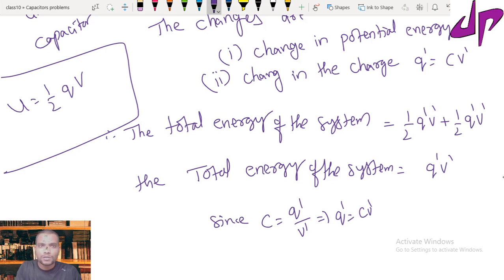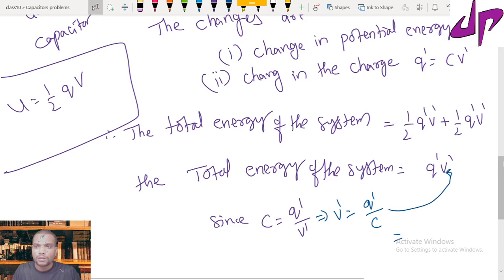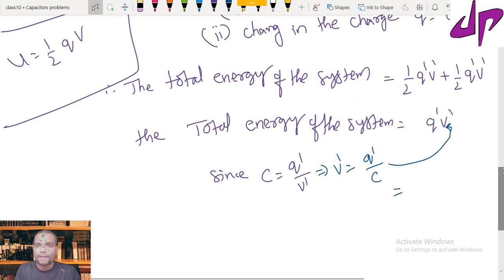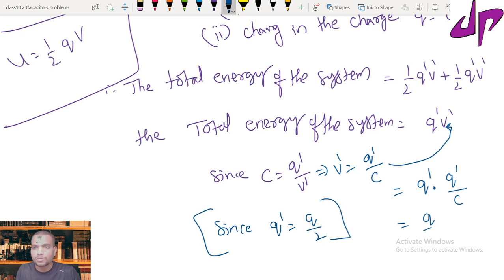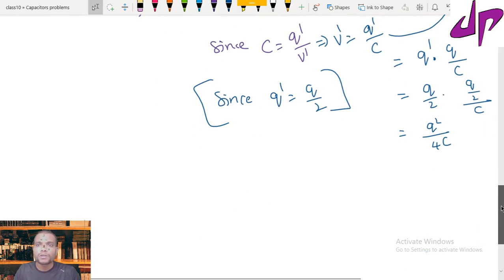Or if we can write in terms of V dash, since it's easy to change the V dash value, V dash equal to q dash by C. So if we substitute this value here, the new energy becomes q dash times q dash by C. Now since q dash equal to q by 2, if we substitute that value here, it becomes q by 2 times q by 2 upon C. That becomes q square by 4C.